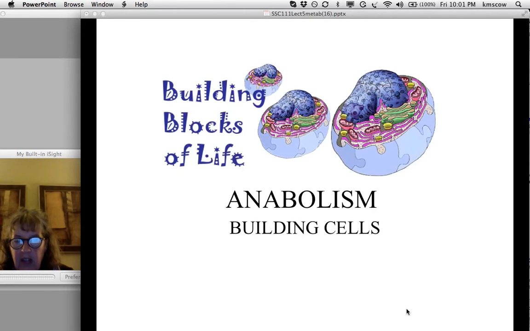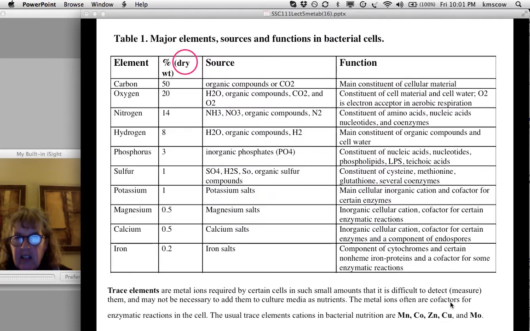Okay, so now the last piece of this lecture is anabolism. Remember, anabolism is the building up of cells, and all life forms are made up of generally the same set of elements, maybe slightly different proportions of them, but what we see in bacterial cells isn't a whole lot different from what we see in our cells.